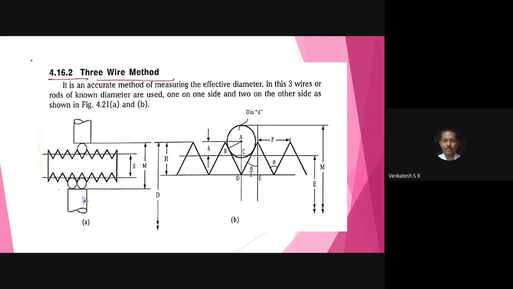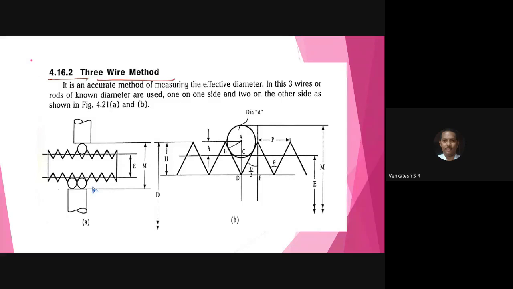Then turn the thimble in clockwise direction so that the wires fit on the profile of the thread, and the opposite side wire automatically makes contact with the thread profile. This is the experiment. Then note down the major diameter, minor diameter, pitch, angle of the thread, and the remaining measurements from the bottom of the thread.